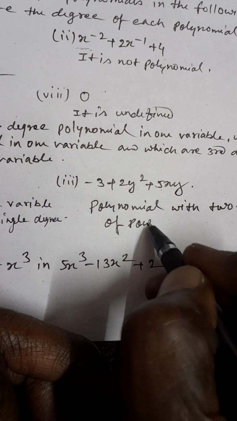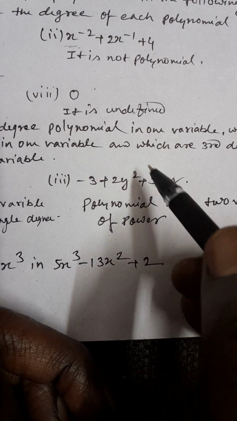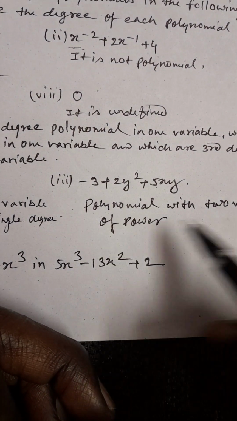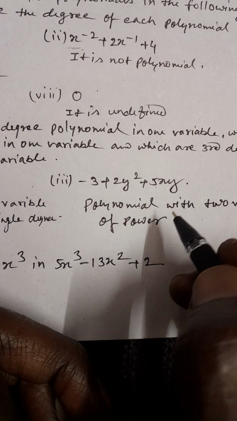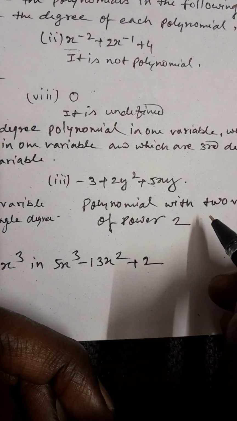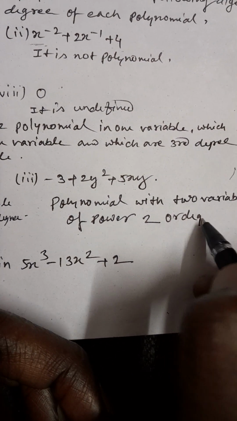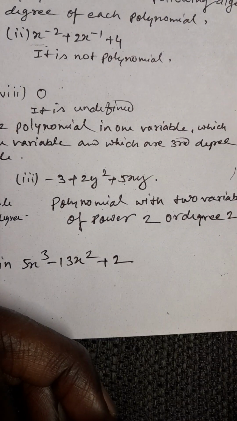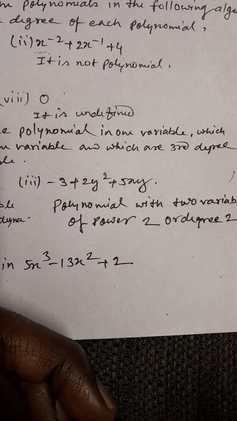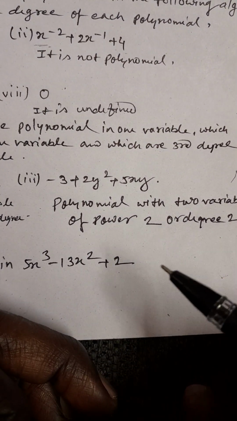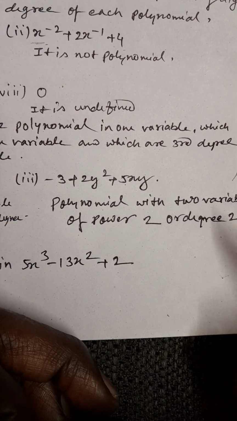What is the power in it? The highest power is 2. So we will write polynomial with two variables with power 2 or degree 2. I told you that power is also called degree. So you can say of power 2 or degree 2.